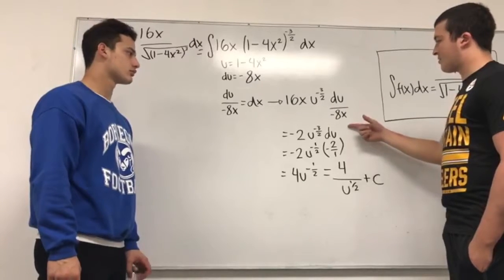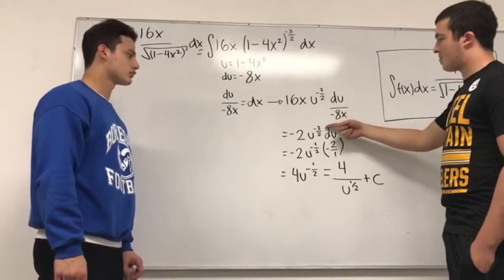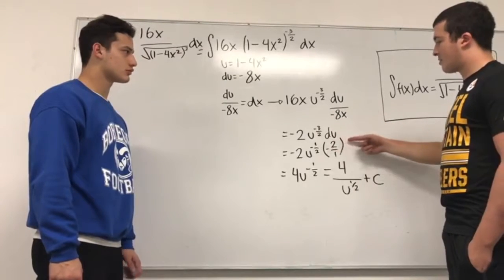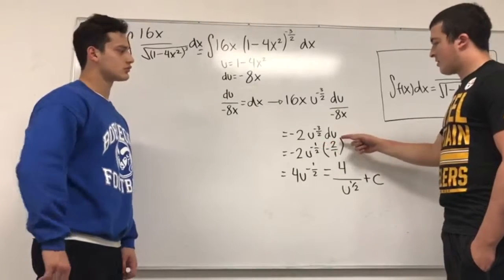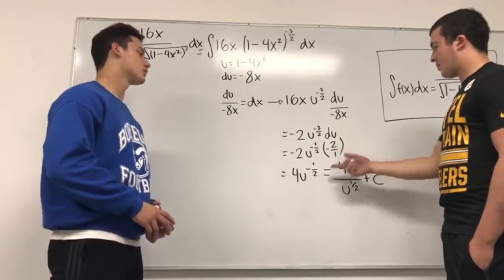After that, we only need to integrate, since it's already simplified, so you add 1 to the exponent, and it will be negative 1/2, and then flip it and multiply it. It has to be negative since the exponent is also negative. So it's negative 2 times negative 2 equals 4, and then divided by 1, it stays the same.